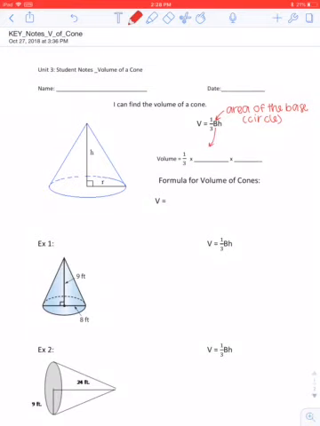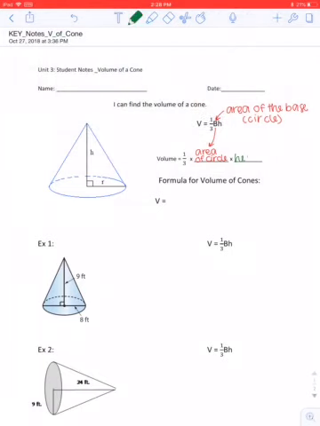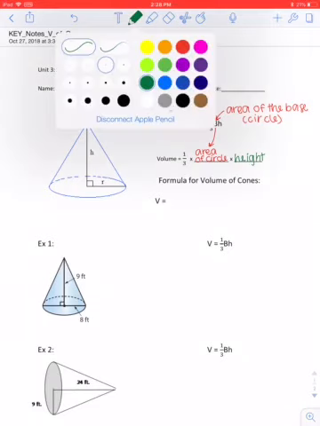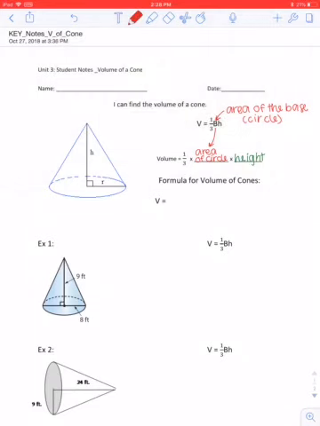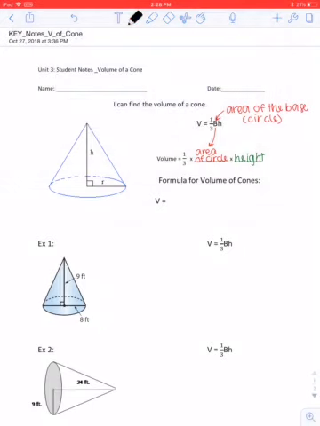So we know that it's going to be the area of a circle, so 1/3 area of a circle times h, which is the height of our cone. To find the area of a circle, you already know that formula, and we've dealt with it enough with cylinders to where hopefully you remember it.